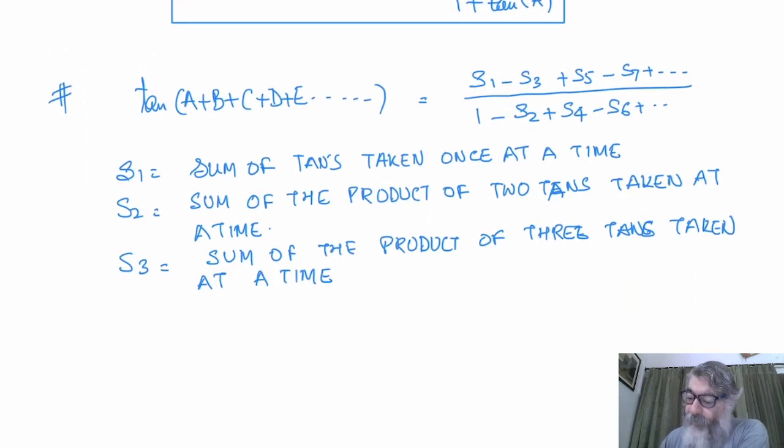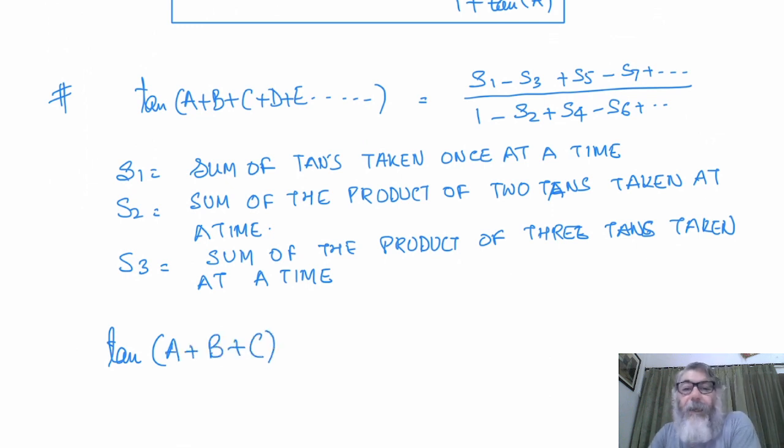Like, let's take one example, tan(A+B+C). Only three angles are there. So S1 minus S3, because there is no question of S4. S4 means four tangents taken together, but only three are there.